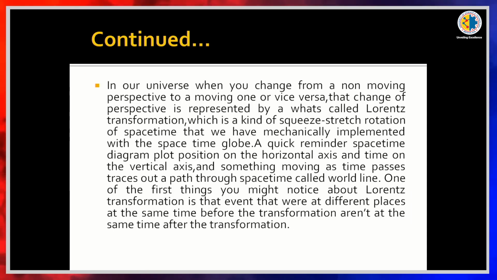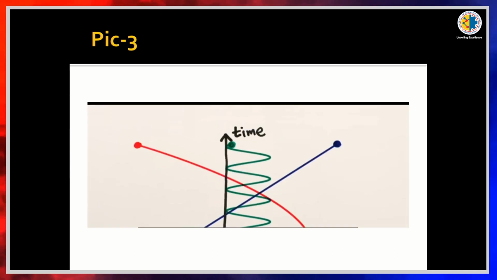A quick reminder: a space-time diagram plots position on the horizontal axis and time on the vertical axis, and something moving as time passes traces out a path through space-time called a world line. So, see this picture: the time axis is vertical, the space axis is horizontal, and different types of events happen according to time and space.